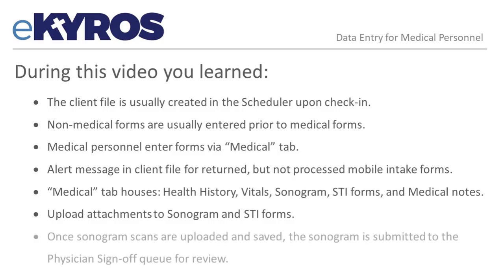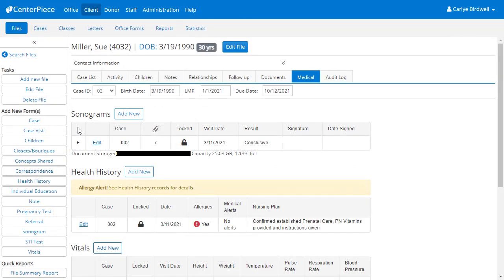And lastly, you learned that once sonogram scans are uploaded and the sonogram form is saved, it's submitted to the physician sign-off queue for the medical director to review and sign off on the sonogram. I hope this suggested workflow will help you add medical information to your client's charts easily and efficiently.